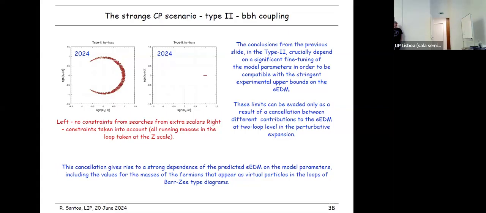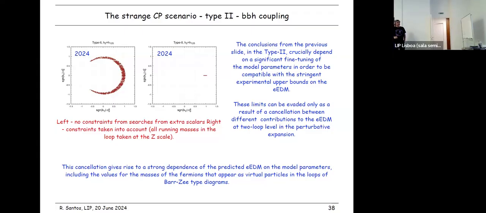So here, in this case, these are both from 2024, and there are no constraints from searches for extra scalars on the left, and on the right, these constraints are taken into account.